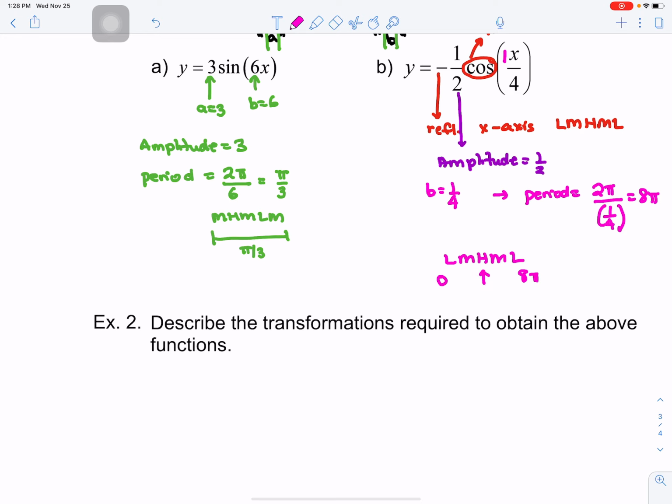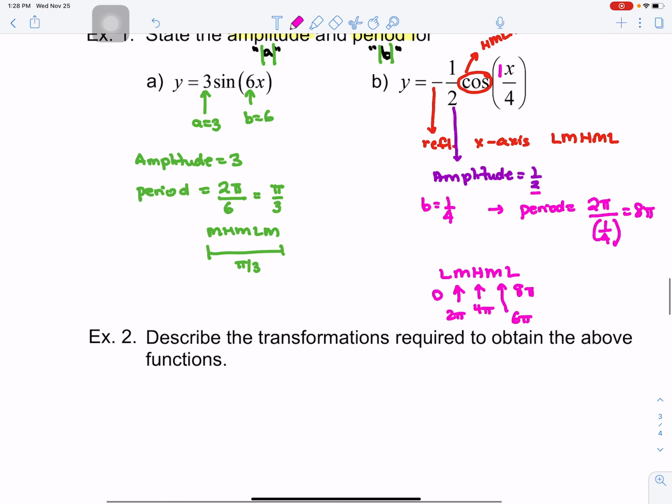The halfway point is 4 pi. The halfway point to that is 2 pi. So 0, 2, 4, 6 pi, 8 pi. And then the high point is going to be 1/2, and my low point is going to be minus 1/2, because that's what my amplitude is telling me.